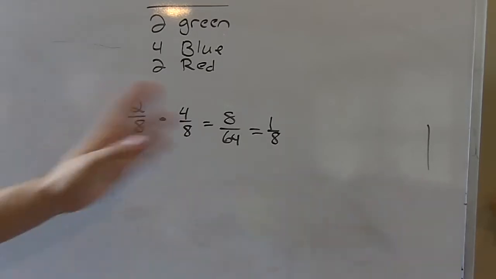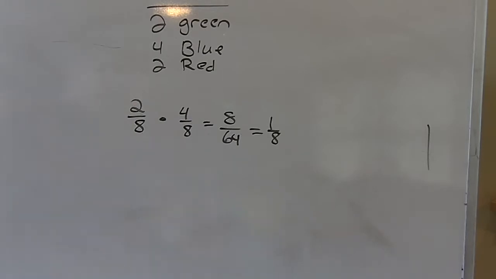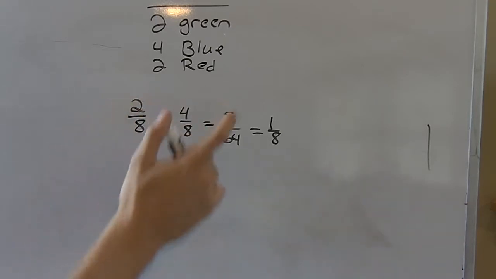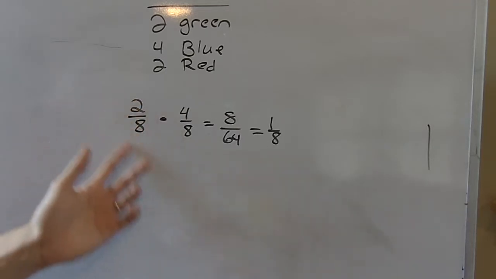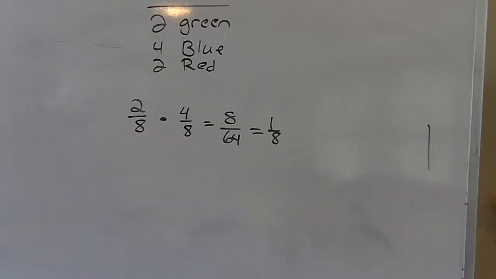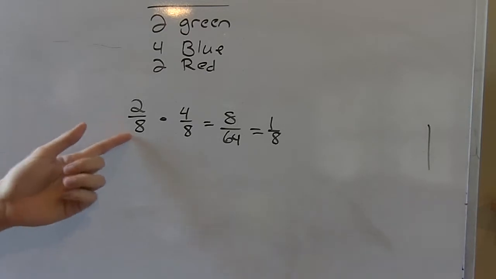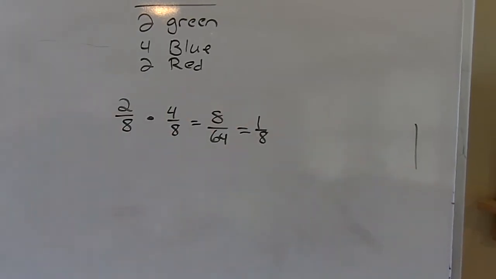So, in this video, we're going to talk about dependent events. As you can tell with the independent events, one event doesn't affect the other. So typically with an independent event, your denominators stay the same. The first fraction doesn't affect the numerator of the second fraction, and the denominator doesn't change because whatever you're taking away in the first event is being returned in the second event.